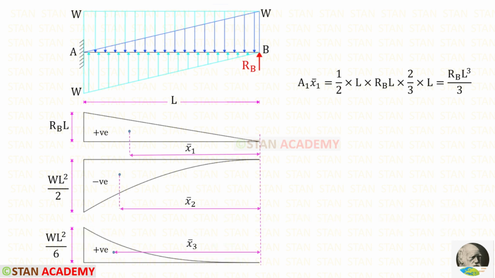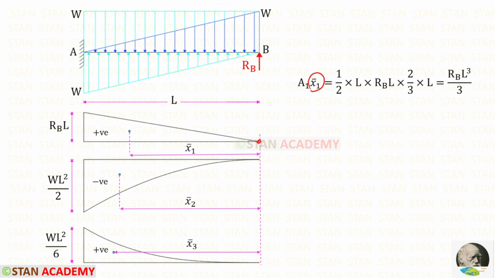Now let us find area 1 x1 bar. We know that it is a triangle. The area formula of a triangle is half into BH. Here the breadth is L and the height is RB L. So this is the area. Let us find x1 bar. We have to find the centroid distance about the right side.